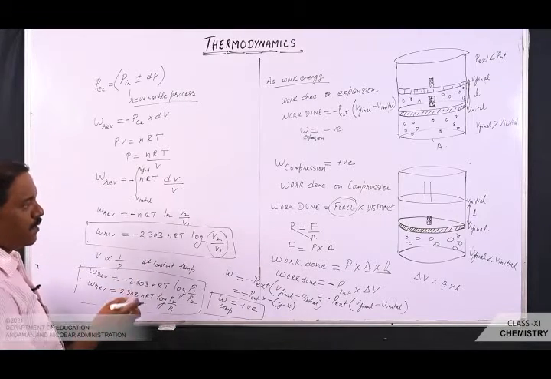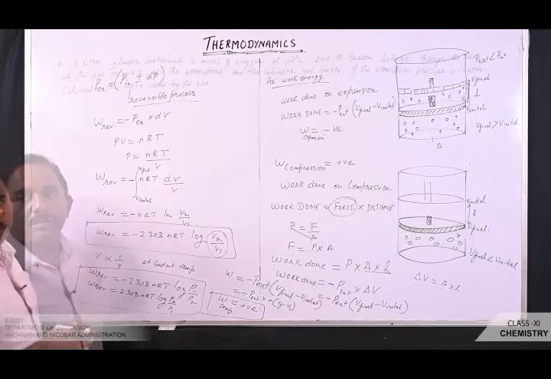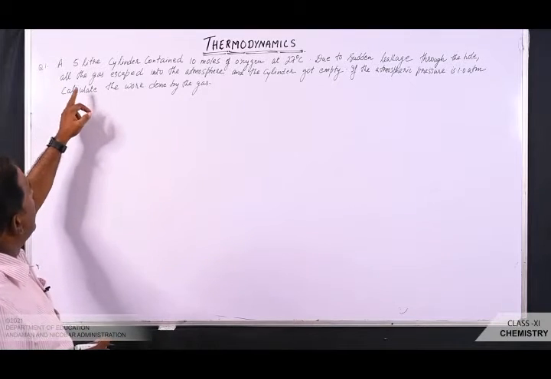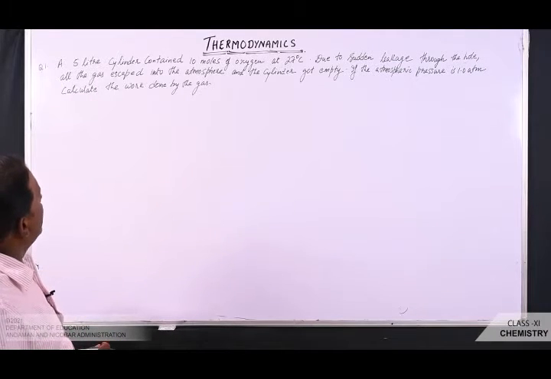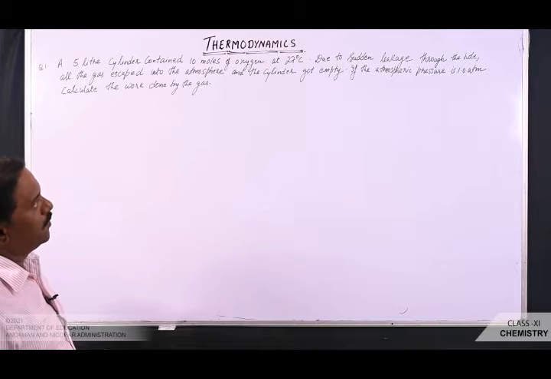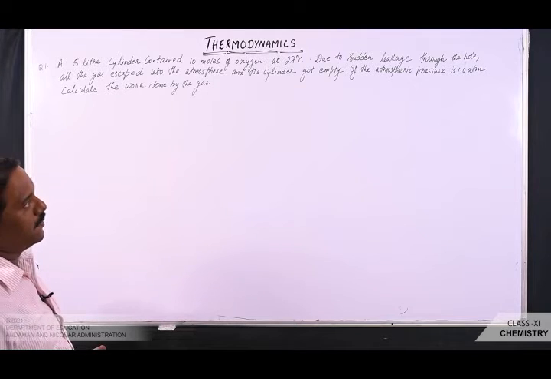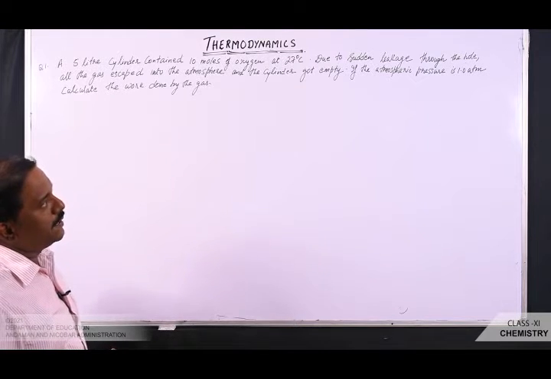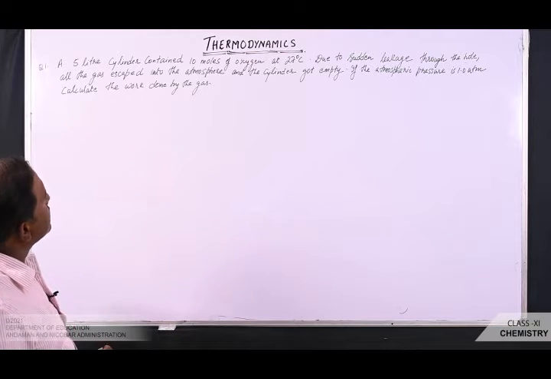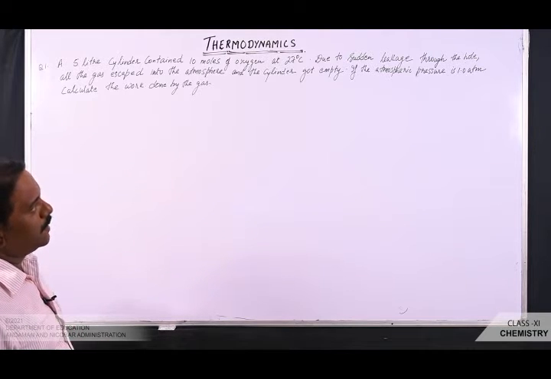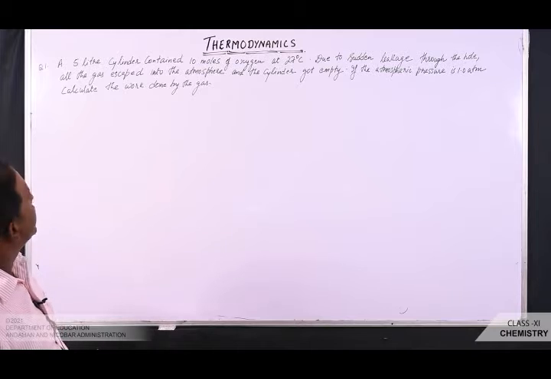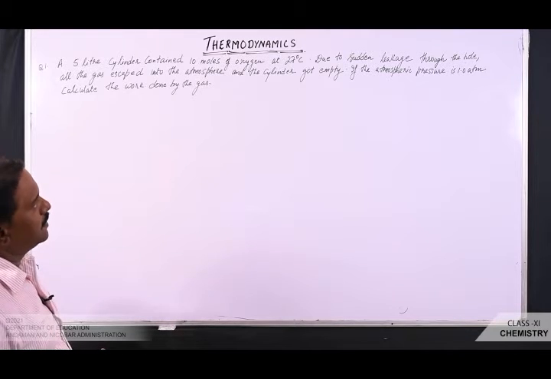So, students, now we will see a numerical based on this. Let us see a question. A 5 liter cylinder contained 10 mole of oxygen at 27 degrees centigrade. Due to sudden leakage through a hole, all the gas escaped into the atmosphere and the cylinder got empty. If the atmospheric pressure is 1 atm, calculate the work done by the gas.